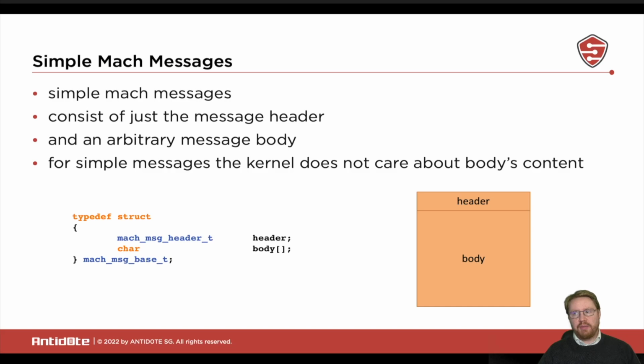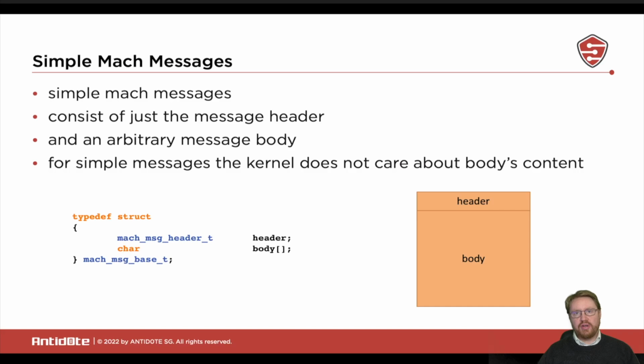A simple Mach message is basically just the message header here, and then we have an arbitrary message body that the kernel actually does not care about. When I say the kernel does not care, let's say the kernel message transfer code does not care about the content.